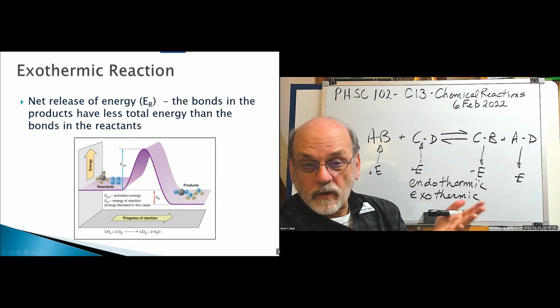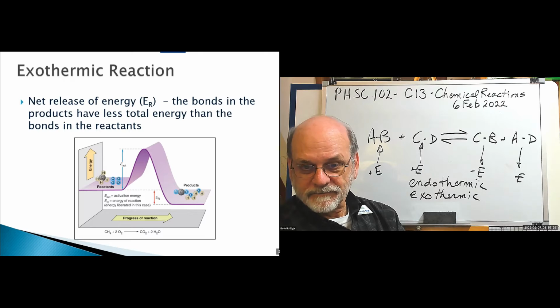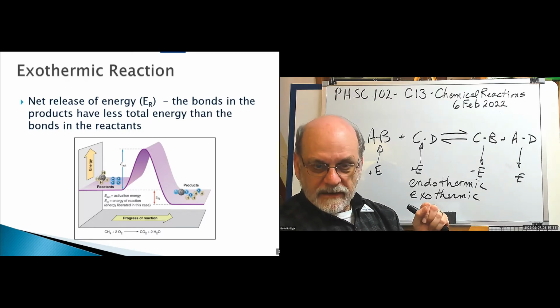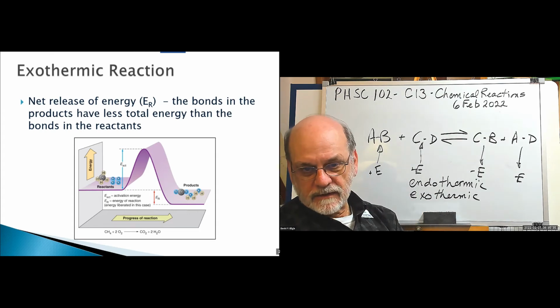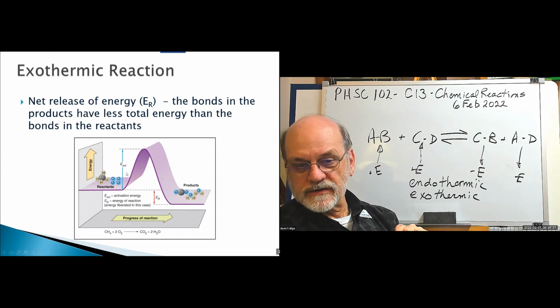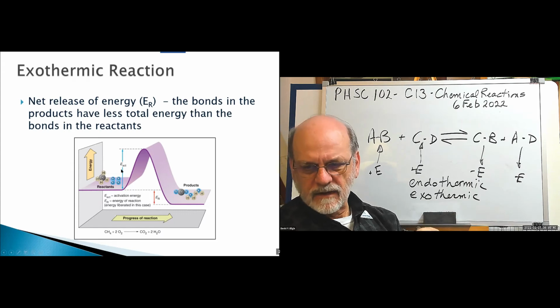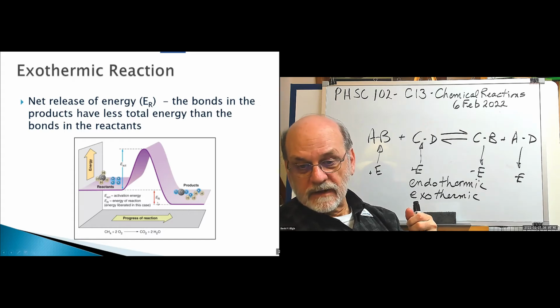Well, where'd that energy go? That's exothermic. It gave up that energy. Now, the energy we put in there to make the reaction go is called activation energy, right? They identify here as EACT, or E little a is good enough. And then the energy of the reaction is E sub R.